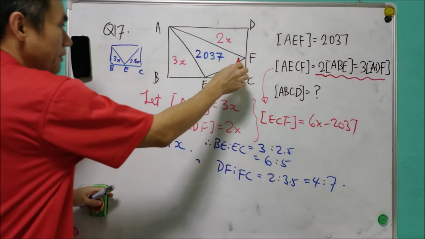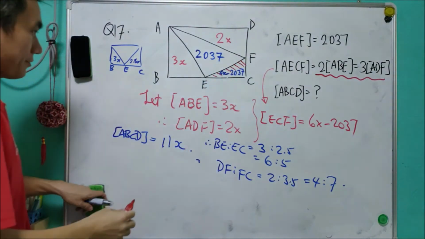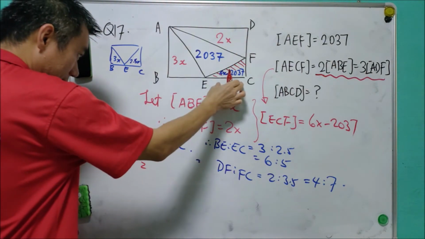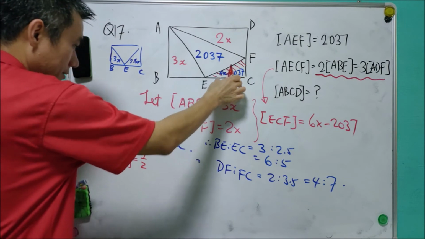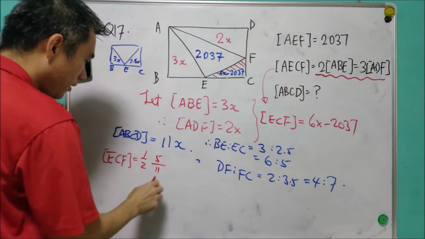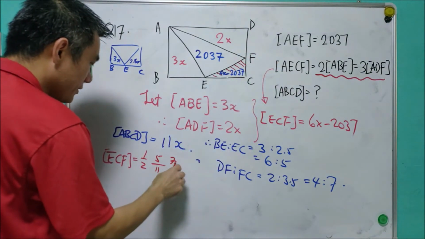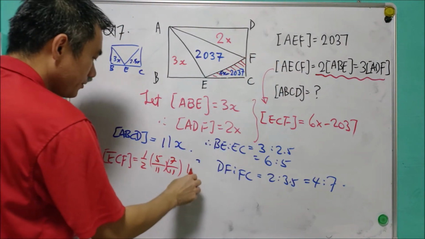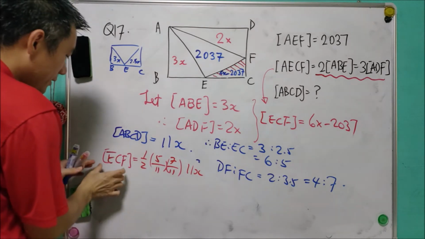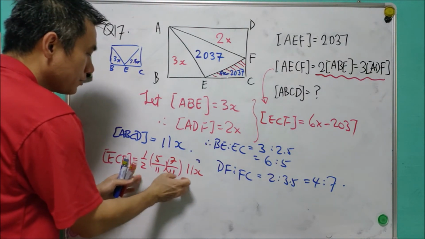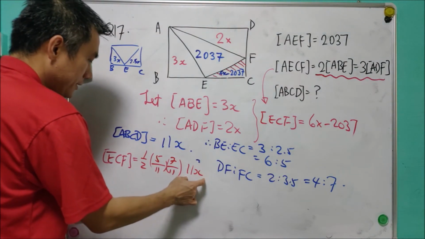We will focus on the triangle ECF. The area of triangle ECF equals half the base times the height. The base is EC, but EC is equal to 5 over 11 times this, and CF is 7 over 11 of this. This means that ECF is a part of the total area of rectangle ABCD.